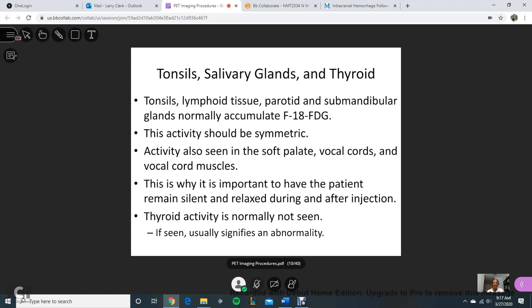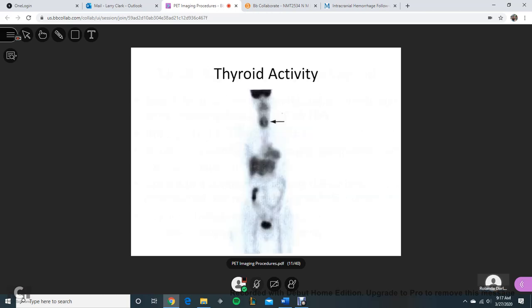Thyroid activity is normally not seen. If seen, it usually signifies an abnormality. I think that's a test question. All right. See this thyroid activity. So ideally, that should not be there.